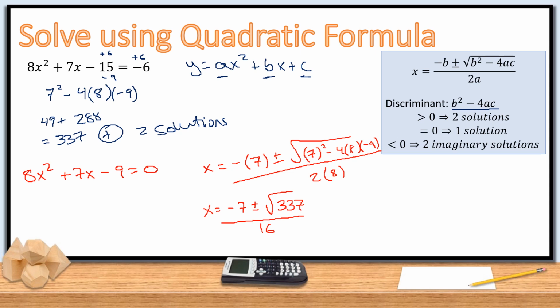Then the question would be, is 337 divisible by any square numbers? Remember, square numbers: 1, 4, 9, 16, 25, 36, 49, 64, 81, 100, 121, 12 squared is 144, 13 squared 169, 14 squared 196, 15 squared 225, and I think I can stop there.